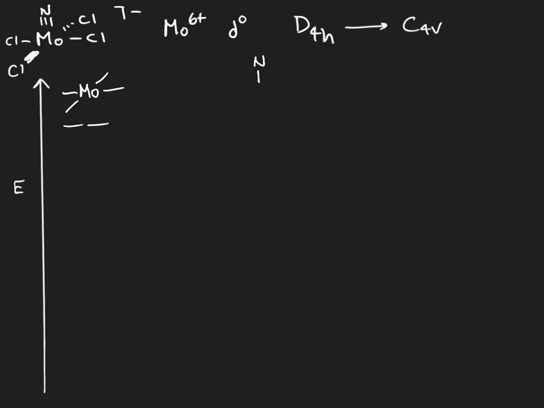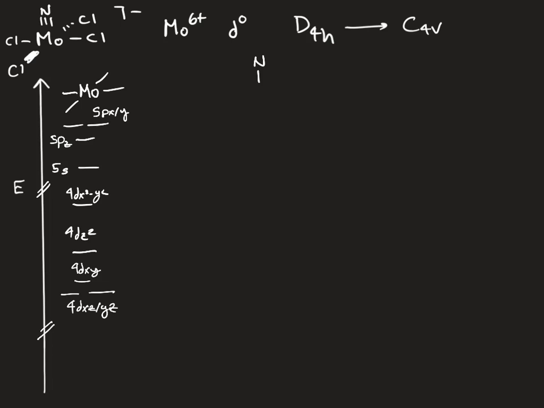We have the 5p orbitals, the 5px and 5py, and the 5pz, the 5s, and then we have our 4d orbitals: the 4dx²-y², the 4dz², the 4dxy, and the 4dxz, 4dyz.